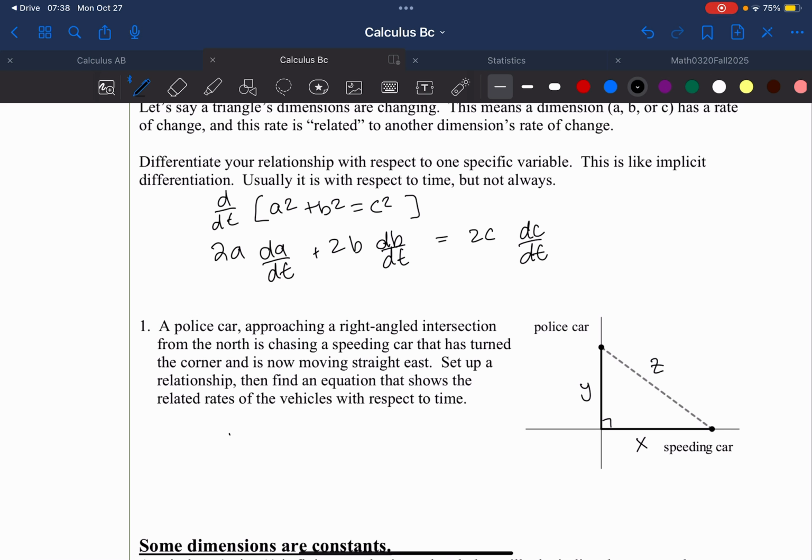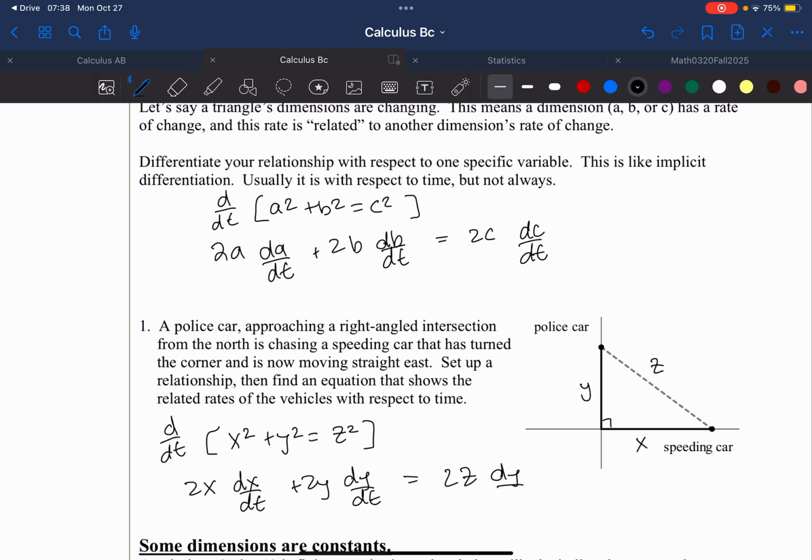So what that means is I do x squared plus y squared is equal to z squared. I do the same thing and take the derivative with respect to time. So I have 2x dx dt plus 2y dy dt is equal to 2z dz dt.